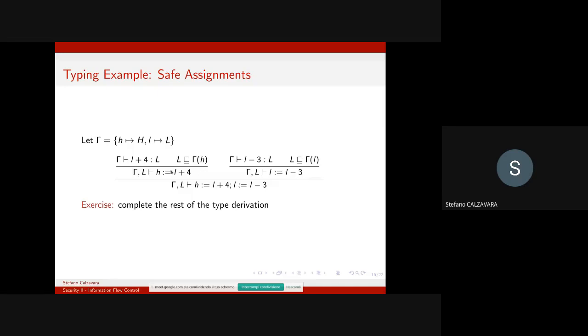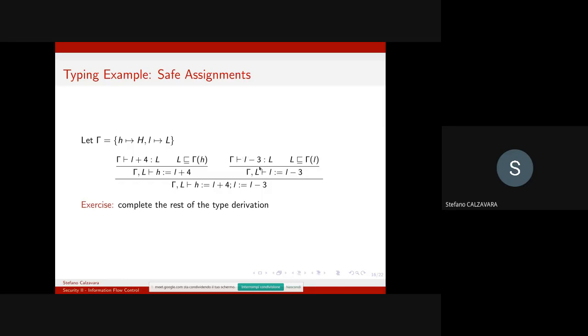Then we have to reason about the individual branches. So let's have a look first at the right branch, which is easier. On the right branch, we can show that the expression L minus 3 is public. So it's something which is low. Intuitively, why is this low? This is low because L is low. 3 is a value, so I can assign every label which I like to the value, call it low.